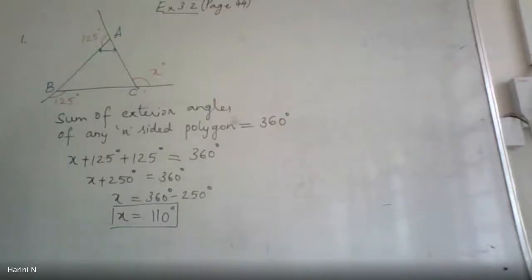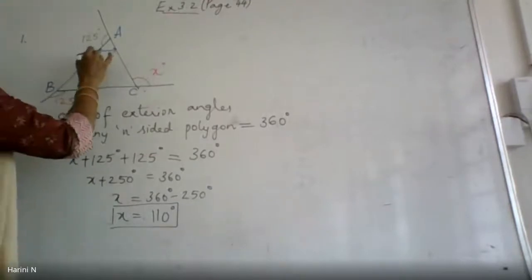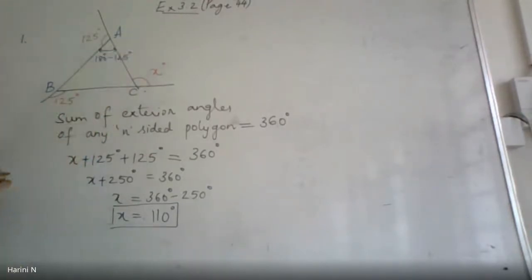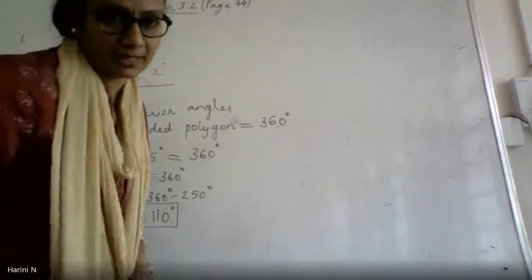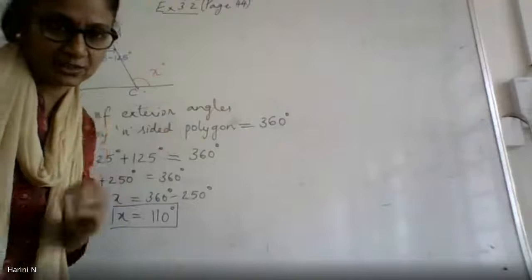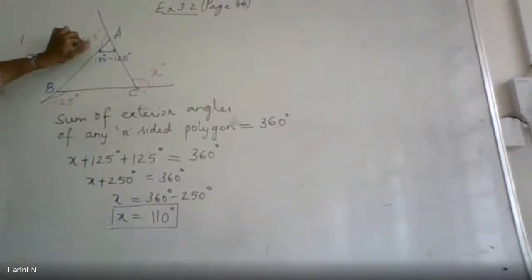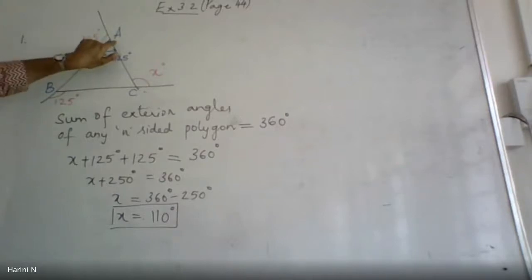Yes, ma'am. We can find it by linear pair. Yeah, using the linear pair axiom, you should be able to find out this angle, which will be equal to 180 minus 125 degrees. Alright, so this is an important result that you should be able to remember. Wherever it is required, we will apply. This is the relationship between the exterior and the interior angle at a given vertex.